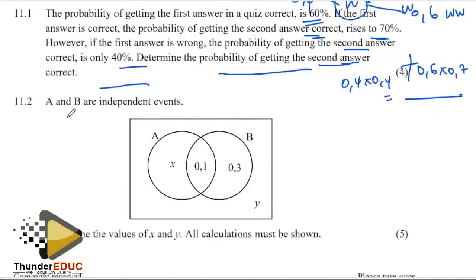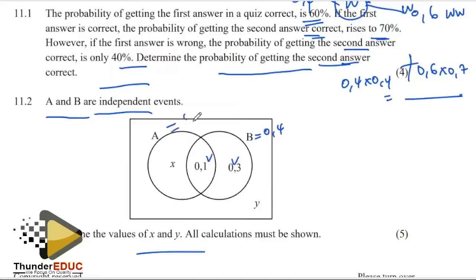Then here again we go, A and B are independent. They want the values of X and Y. Please, when you look at these Venn diagrams, B is going to be 0.4 because we are adding the 0.1 and the 0.3.